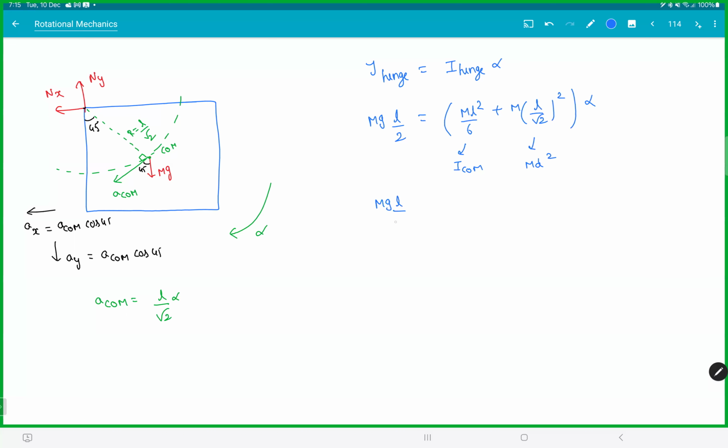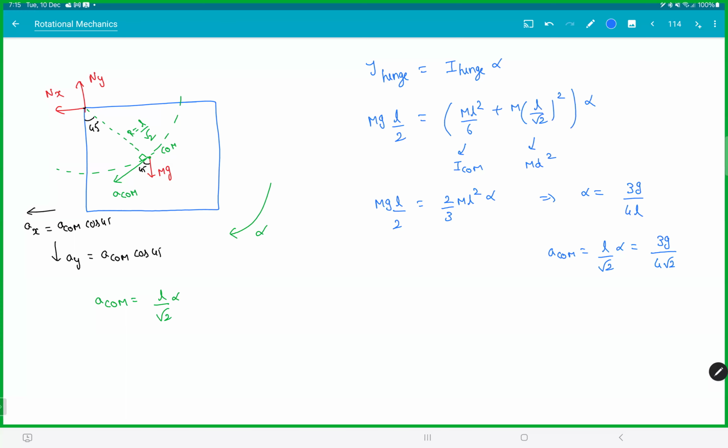This would be mg L by 2 and this would be 2 by 3 ml square alpha. So we get alpha is equal to 3g by 4l. A center of mass is L by root 2 alpha, which is 3g by 4 root 2.